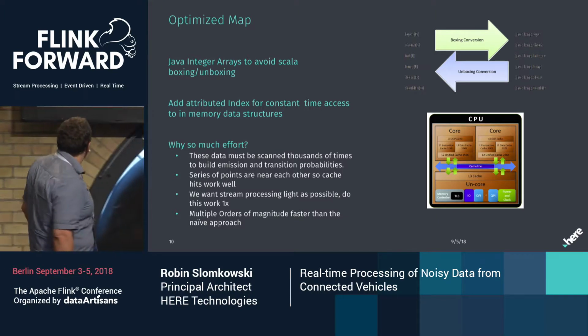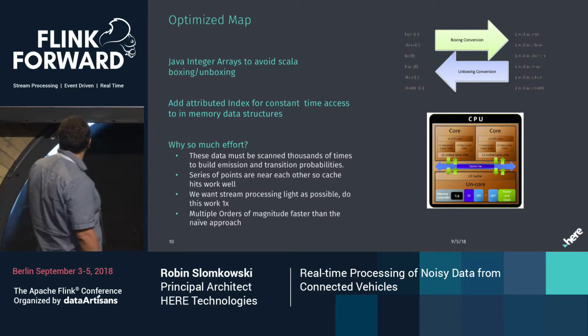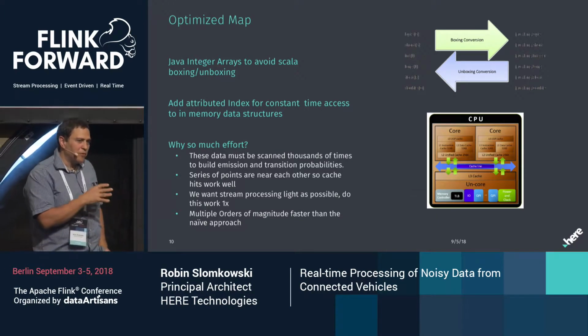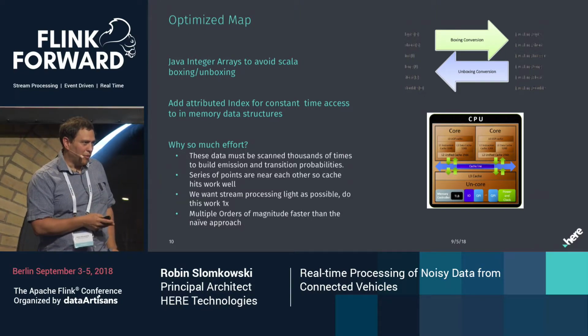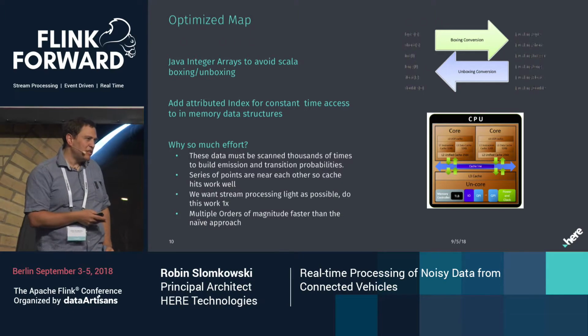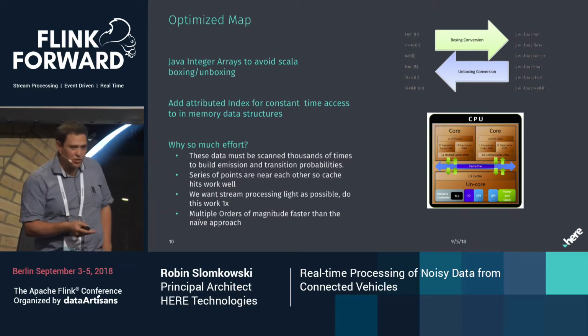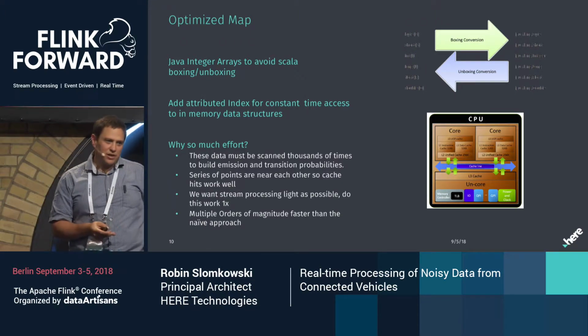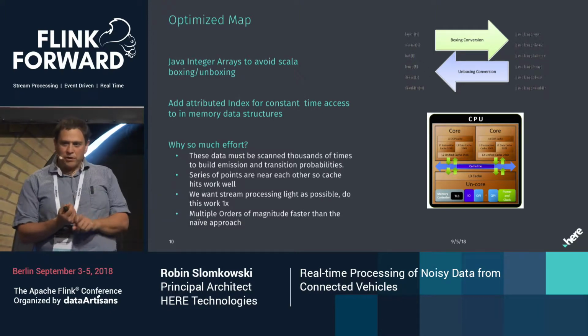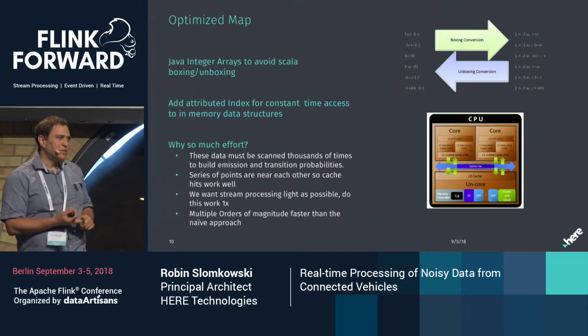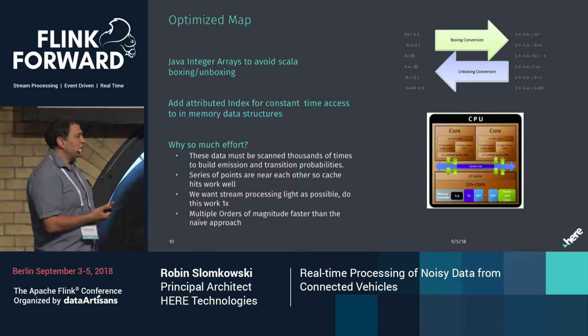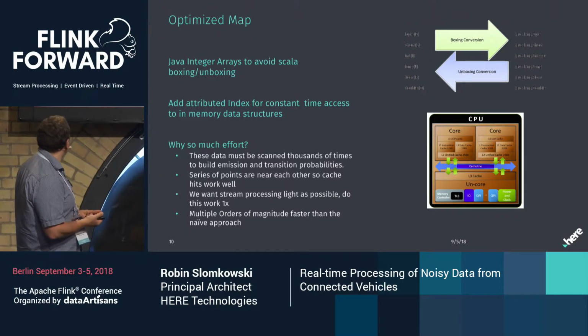We also have found that most of the code examples in our libraries are Scala, and we wound up with unboxing problems when we use Scala. So we tend to use direct references to Java integer arrays. So we do not unbox the data, and we have way better garbage collection. This reduces our latency once again and keeps the performance up for all these scans on data.